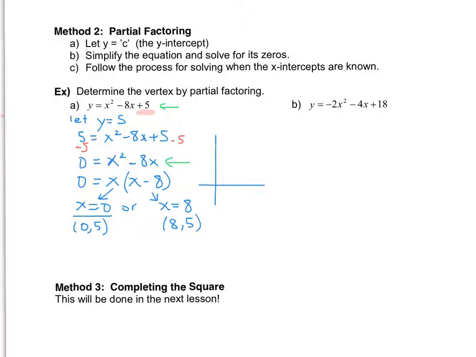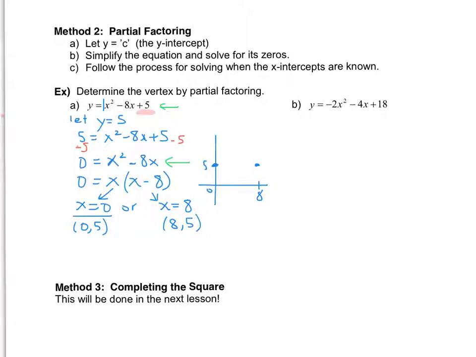Our parabola is opening up because we have a positive 1 here. We have a y-intercept at positive 5, and then we have another point with a y-coordinate of 5 over here when x is 8.